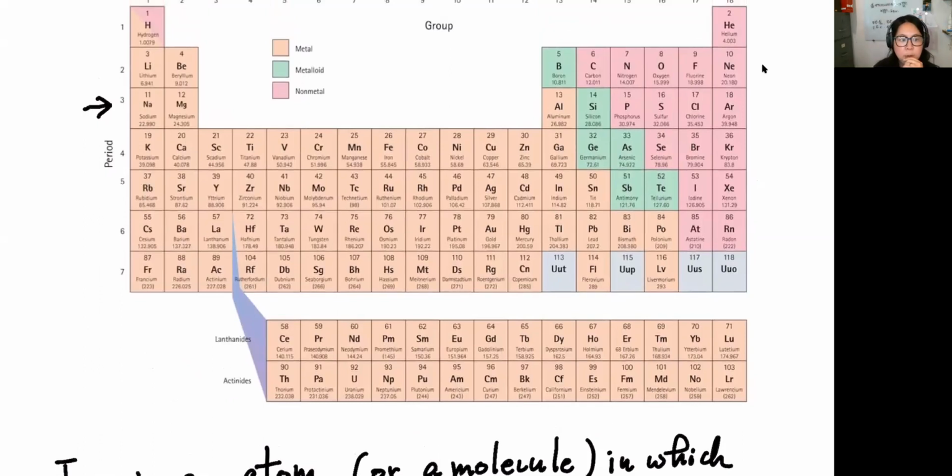So let's say, another example, chlorine. Chlorine has atomic number how many? Chlorine has atomic number 17. That means how many protons and how many electrons does the chlorine have? 17 protons and 17 electrons, right? But you can see chlorine is located second from the right, on the third row.